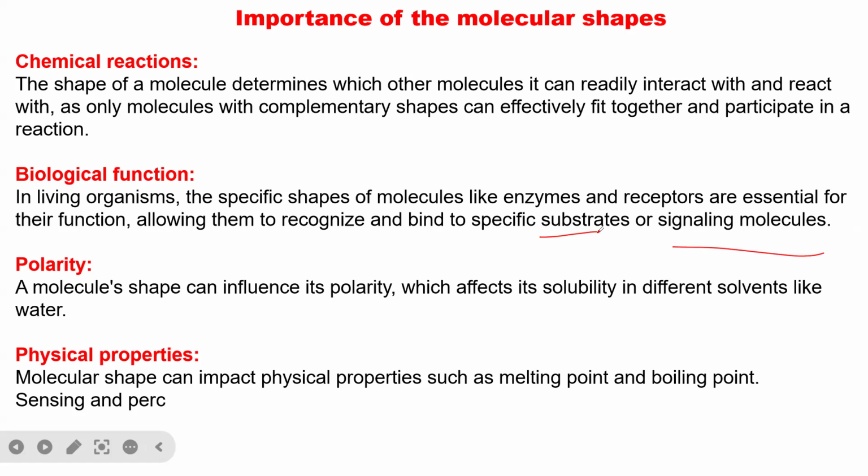A molecule's shape can also influence its polarity, which affects its solubility in different solvents like water. Generally, molecules do not have the same polarity. Some are more polar than others, and that is also due to the shape of the molecules. So it affects their solubility.